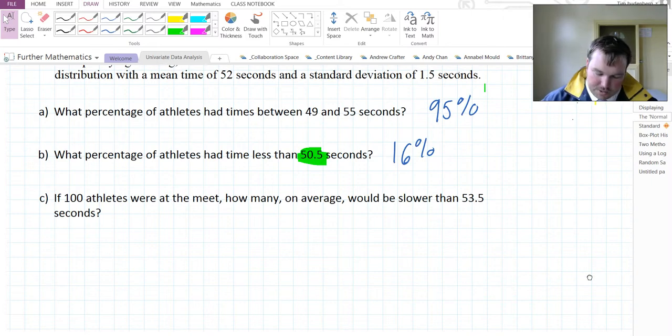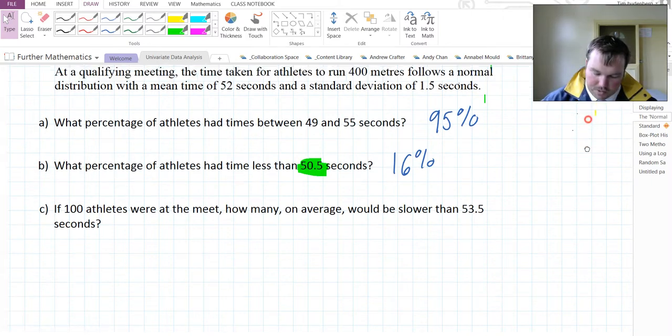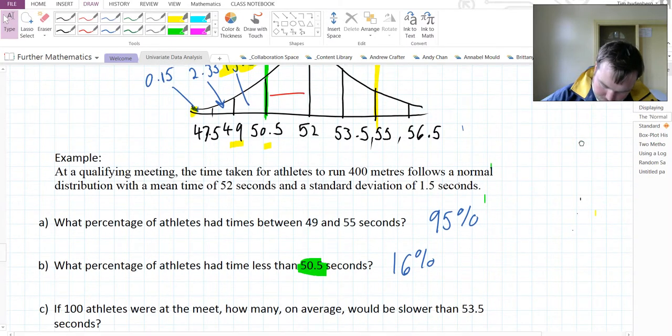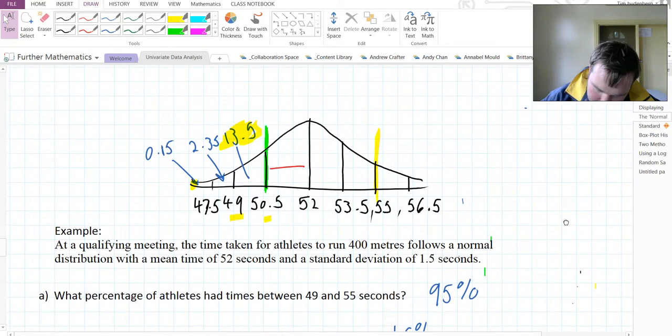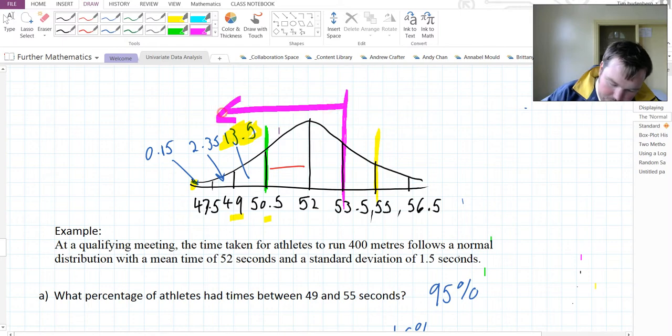If 100 athletes were at the meet, how many on average would be slower than 53.5 seconds? Running out of colours, 53.5 seconds. 53.5 is here. So how many are slower than that? Well, we have 34 here, 34 here, and then we know that all of those three will add to 16.